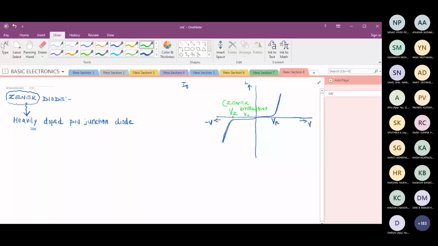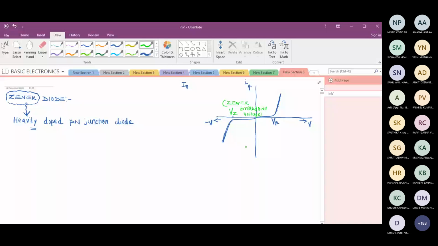An ordinary diode also will break down when the voltage is very high, but that is going to damage the diode. What do we call that breakdown? Do you remember? Avalanche breakdown, correct? So that we want to avoid. We don't want to damage the diode. For that reason, we dope it heavily.